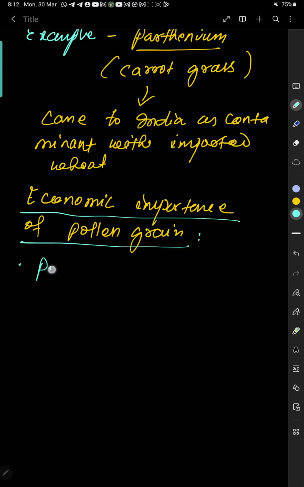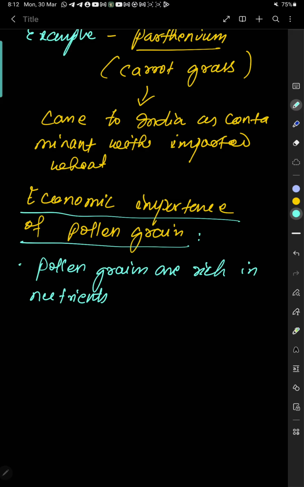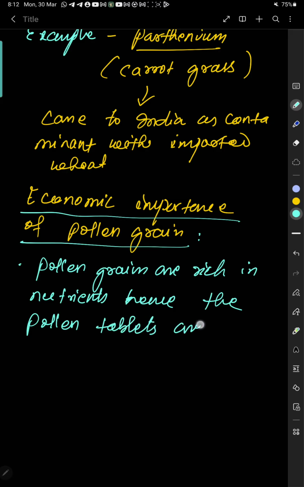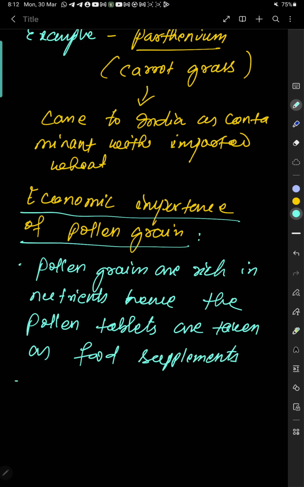The pollen grains are rich in nutrients, okay, and that's why hence the pollen tablets are taken as food supplement. Okay, this is one use.